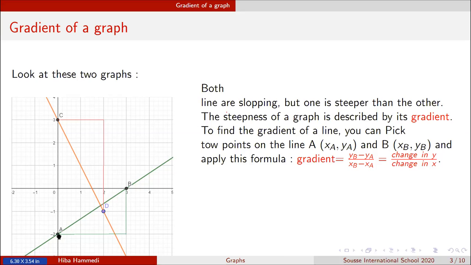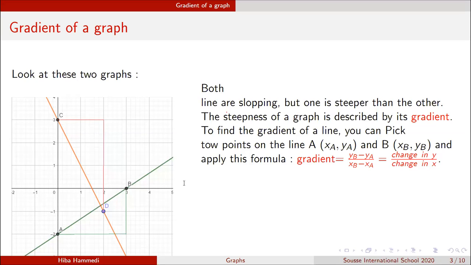So for the first one, I have the coordinates of A and B. The coordinates for this point are (0, -2), and for this point are (3, 0), right? So if I would like to apply it here, let me write it.